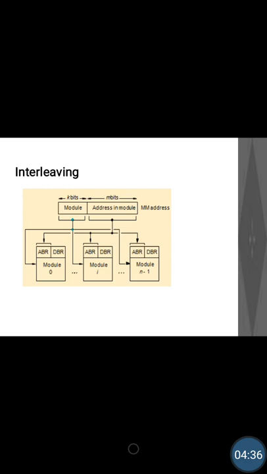So if I need consecutive words, I will get them from one module. Assume module 0 contains all these 5 words, and all these are accessed by the processor. How am I speeding up the operation? That is the question here.